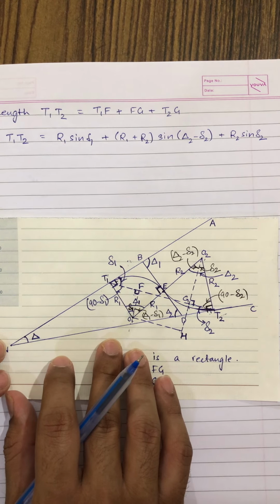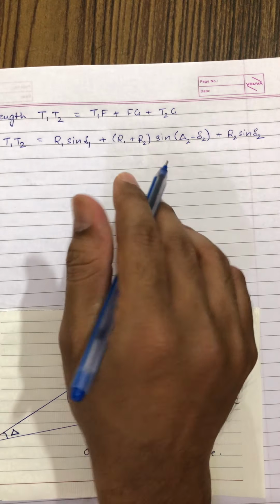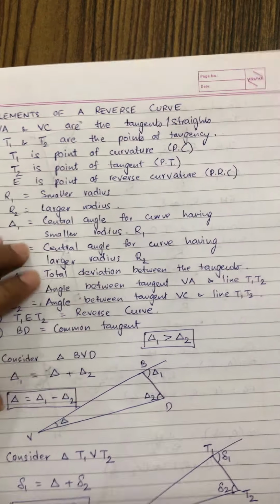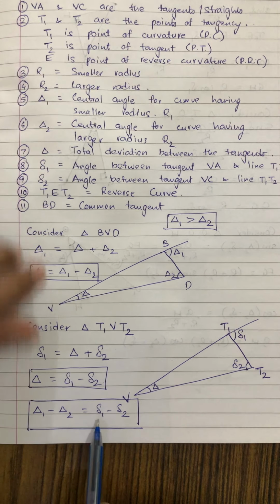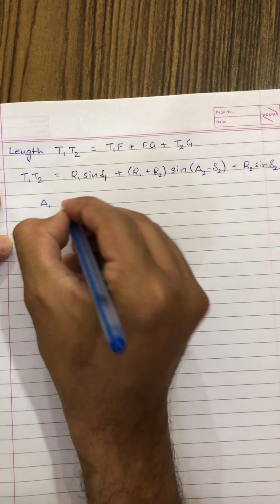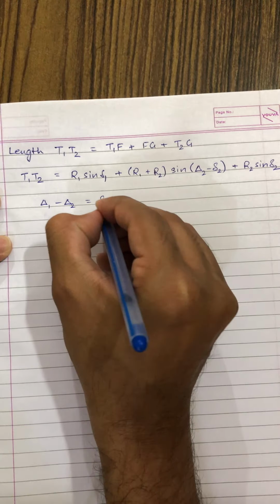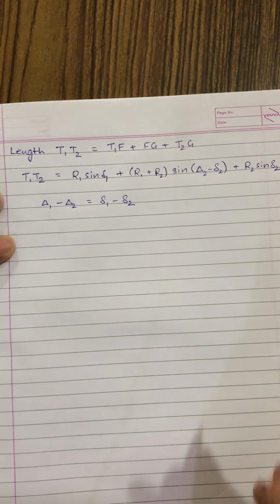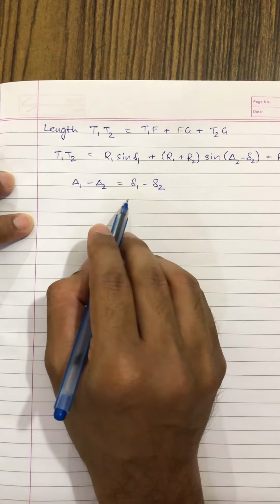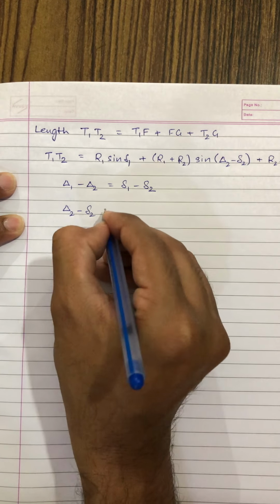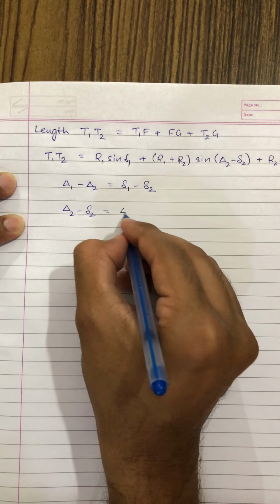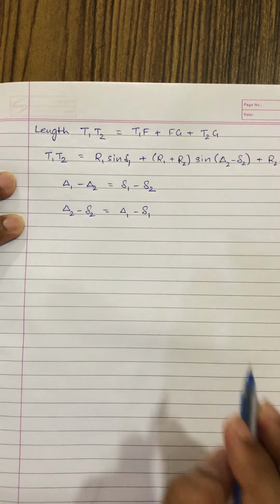Fine. Now suppose we know from here that delta 1 minus delta 2 is equal to del 1 minus del 2. This can be rearranged like this: delta 2 minus del 2 is equal to delta 1 minus del 1.